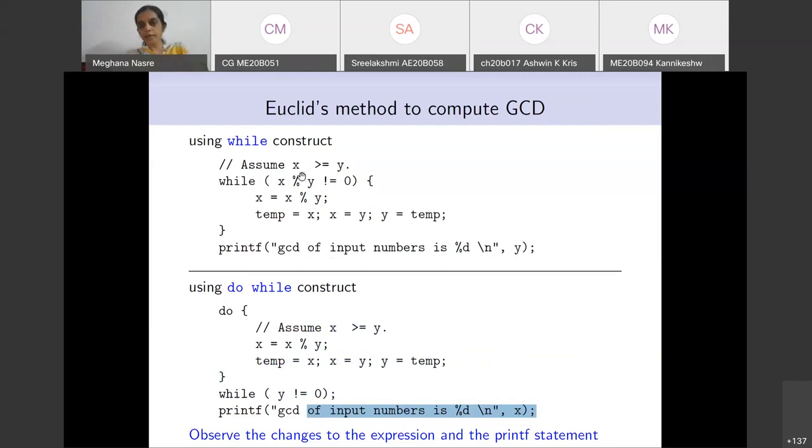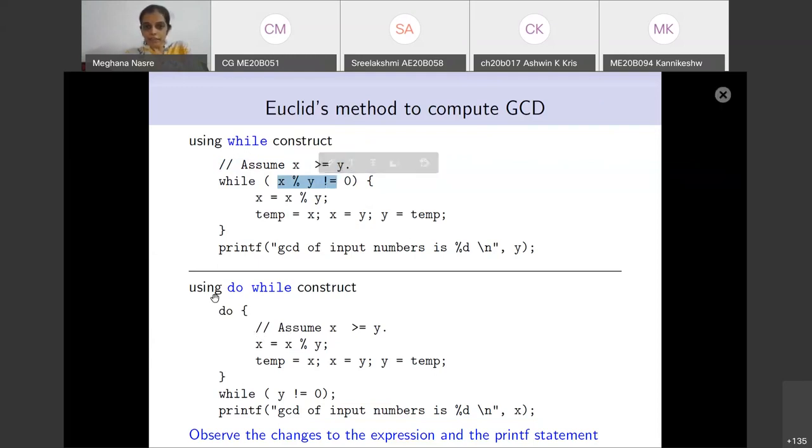The other thing that I want you to observe is when we wrote the while loop earlier, we had assumed that y is greater than or equal to x, and we had also assumed that the two values x and y are positive integers. So none of them are zero. So you can safely do this x mod y because you will not get a division by zero.